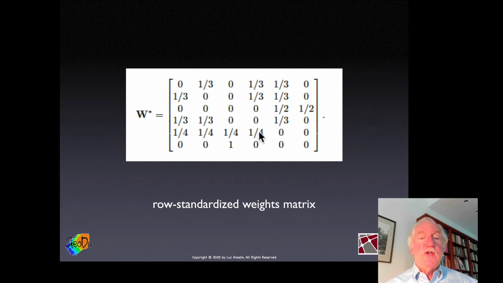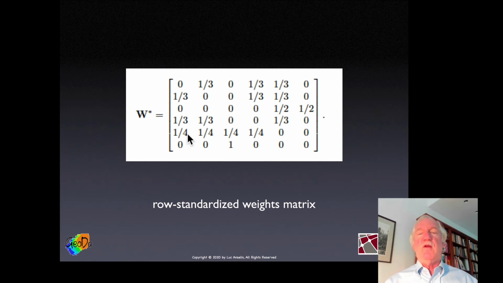So look what this does to our symmetry of the matrix. Remember, we had very nice first row and first column were exactly the same in terms of zeros and ones. Here, we're fine. Here, we're not fine. So the row standardization breaks the symmetry of the spatial weights.